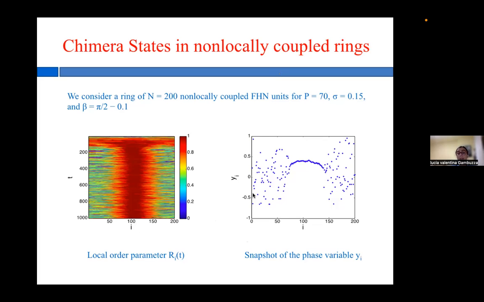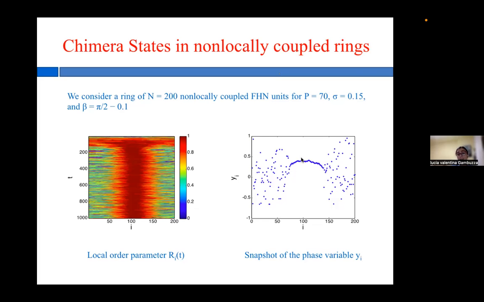And if we represent just a snapshot, so we fix the time and we plot with dots the second variable of our system with respect to the 200 units, we obtain that in the middle the units have almost the same value.